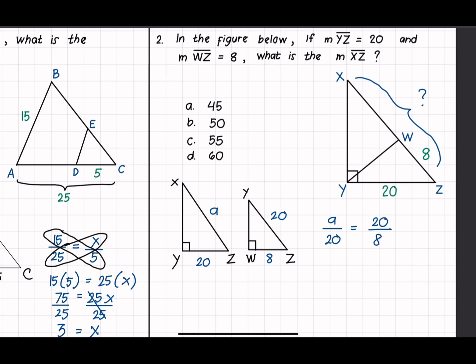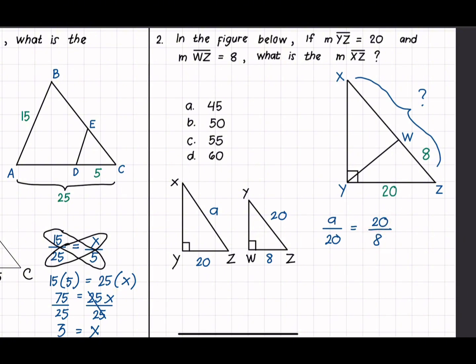Again, I'm going to repeat. XZ over YZ, which is a over 20, corresponds to YZ over WZ, which is 20 over 8. So this is our proportion.